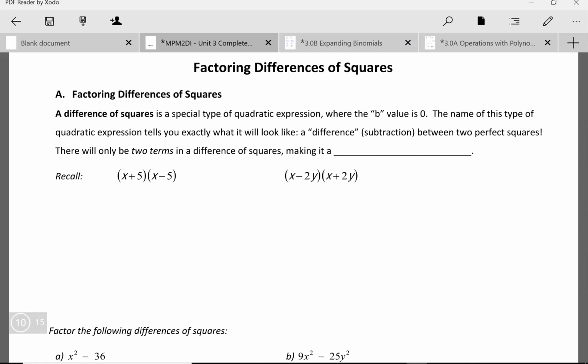You shouldn't, and hopefully you will not make a mistake on this kind of factoring.